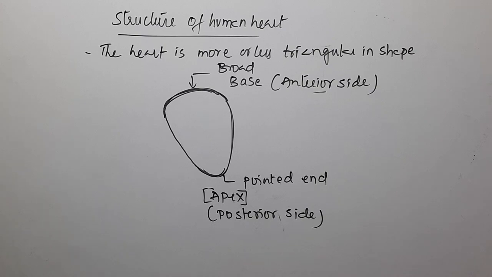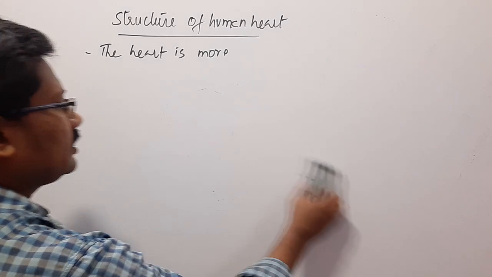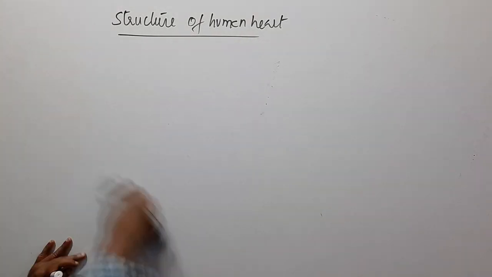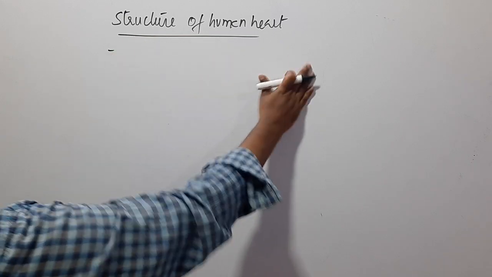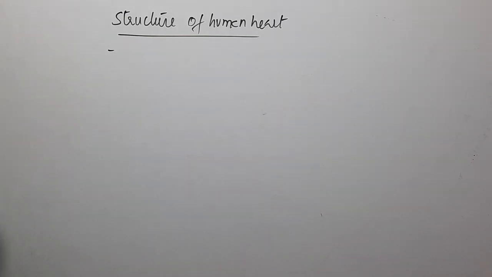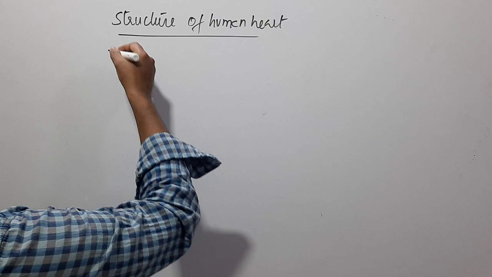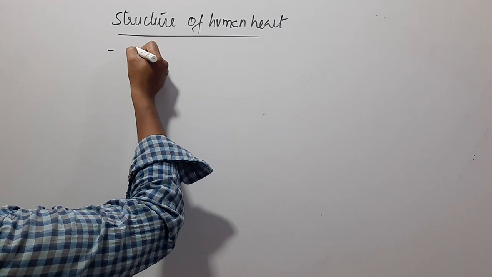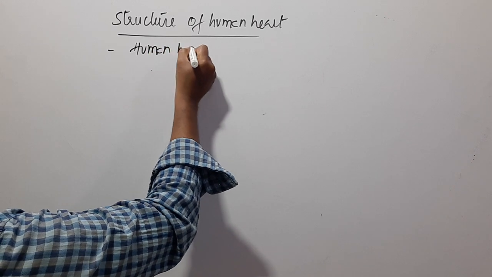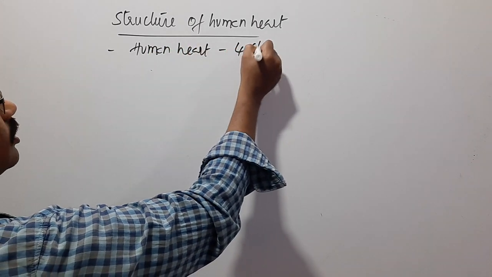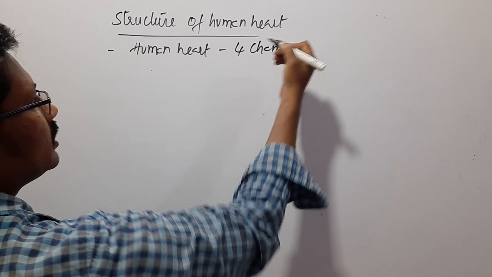Now let us see the chambers inside the heart. We know all mammals have a four-chambered heart. In human beings also the same. The human heart has four chambers.